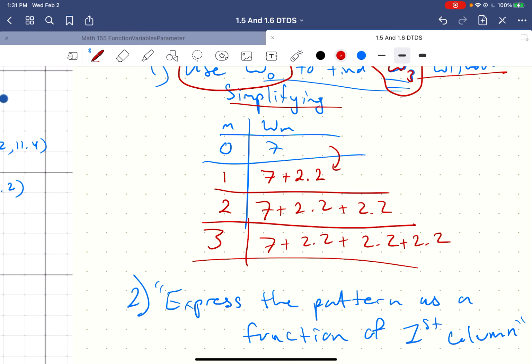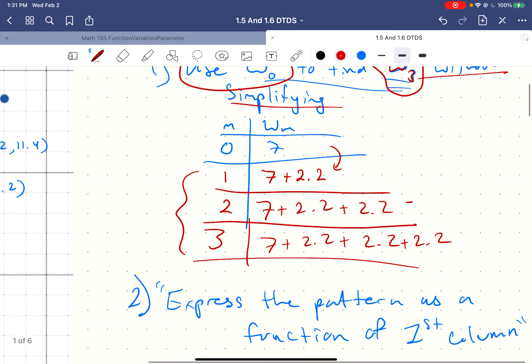So often, after we've written everything out, we want to rewrite it using more compact mathematical notation. And here's all I mean in this case. Let's get another color. So this is the same as 7 plus 2 times 2.2.